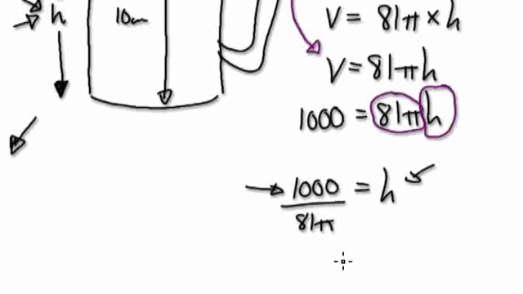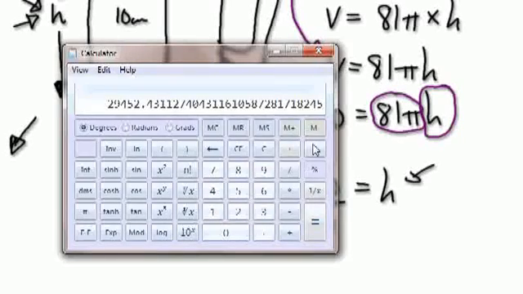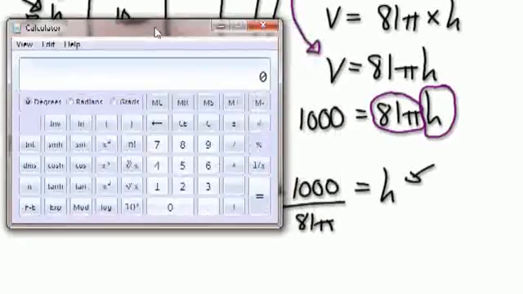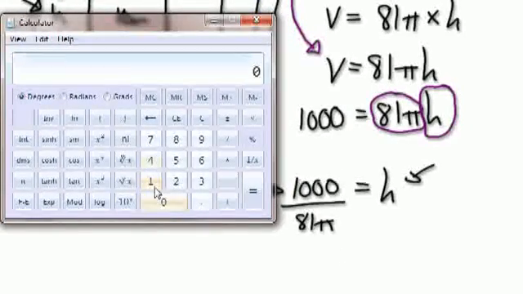So now we can get a calculator out. Your calculator might be different from this one, so you might have to get someone to help you to work this out. Basically, I'm just getting 1,000 divided by 81 pi. Remember that 81 pi exists in a bubble. That's why we've got to use brackets here.